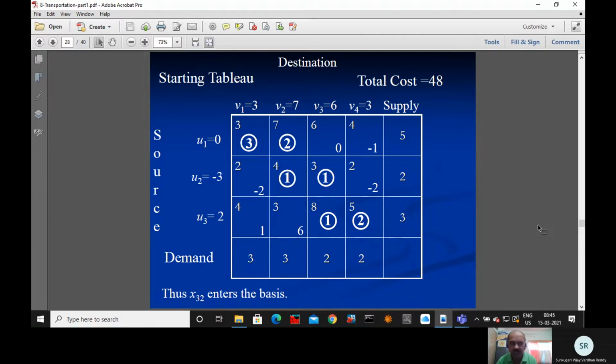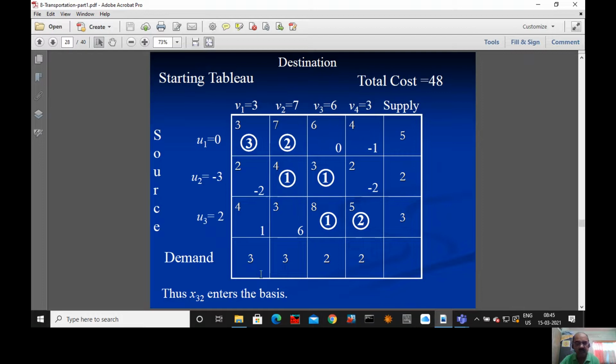See, in this transportation problem, there are three different sources, source 1, source 2, source 3. With respect to these three sources, the supply is 5 units, then 2 units, then 3 units. Altogether there are 10 units. There are four demand points.